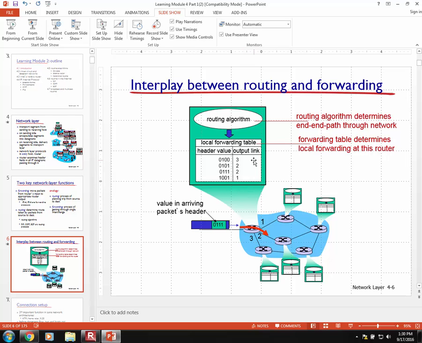And it knows which output link because it knows what networks are available, and it knows the fastest path to get to a particular destination, and basically sends that data out the proper output link.